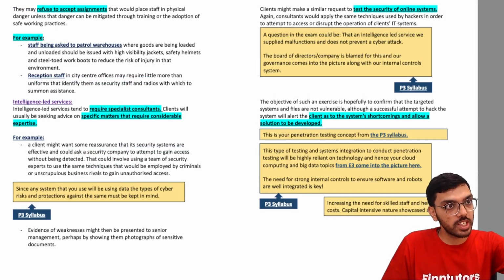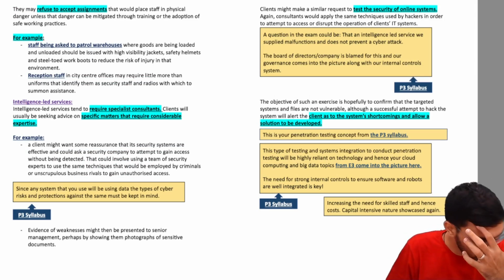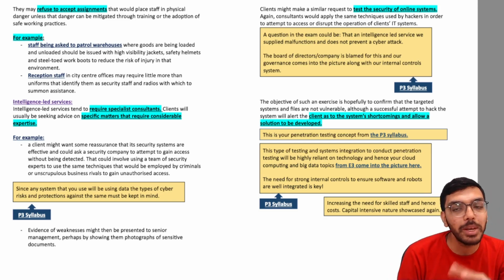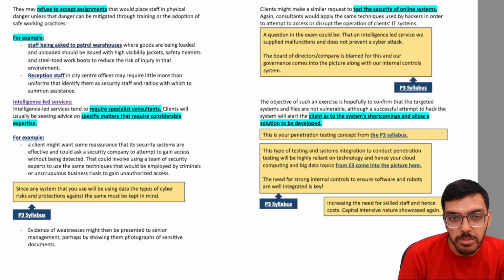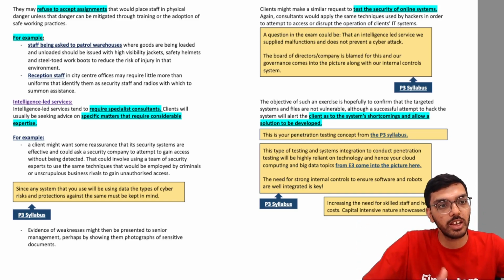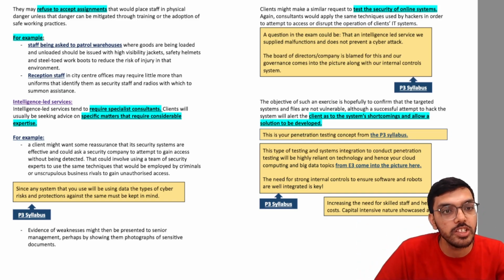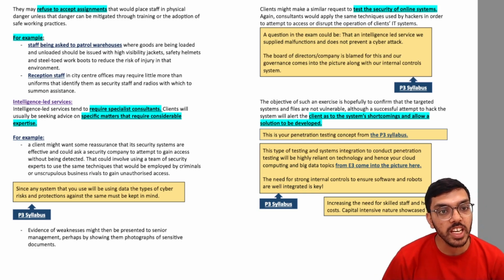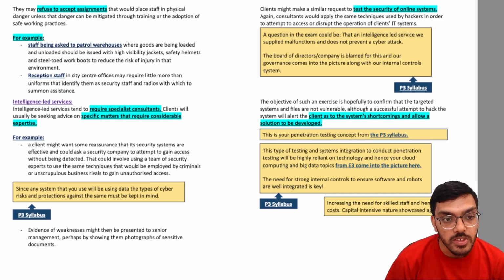So we spoke about physical security, now intelligence. Intelligence-led services tend to require specialist consultants. Not just anybody can come up and start offering intelligence-led services. Clients will usually be seeking advice on specific matters that require expertise.